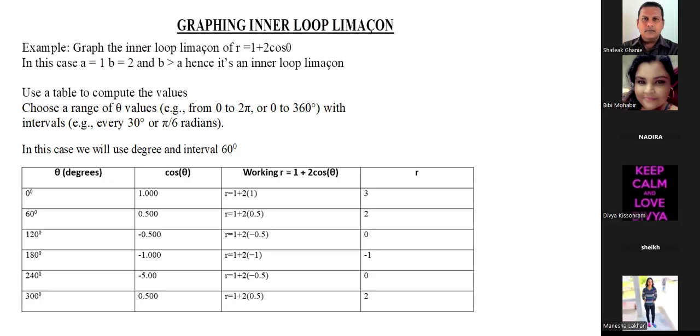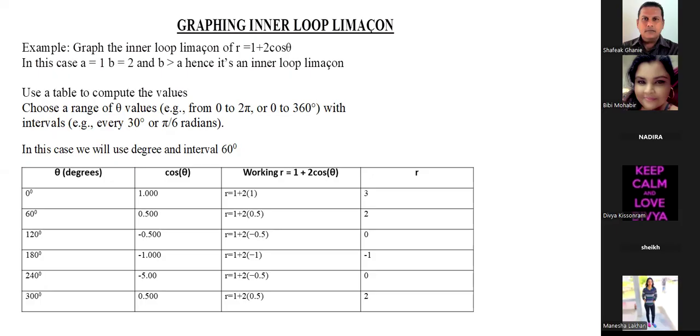So there are two ways you can compute the table in order to graph the limaçon: radians or degrees. You also need to use intervals, sometimes intervals of 30 degrees, 60 degrees, and so on. In this case, we will use degrees and an interval of 60. I chose 60 because if we use 30, it's going to be a very large table, so I just decreased it.